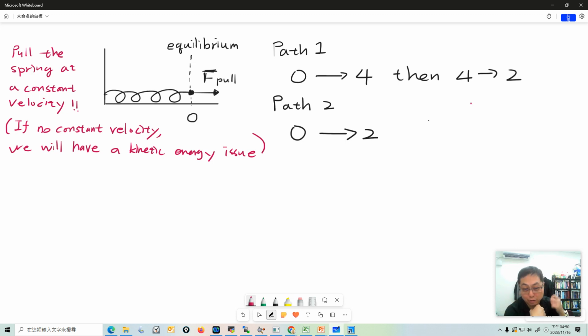But right now we don't want to involve any kinetic energy, so that's why we put a constant velocity.